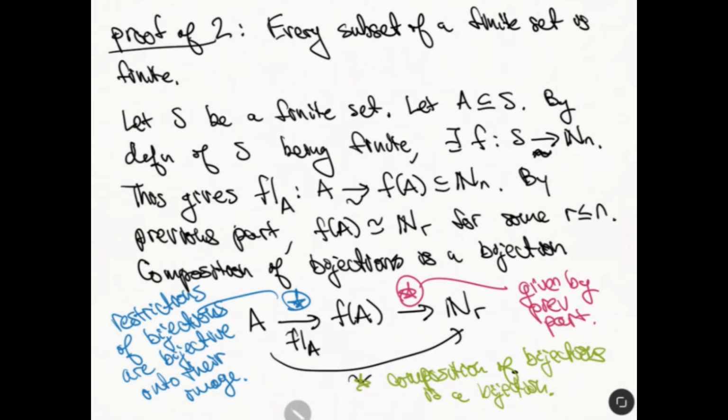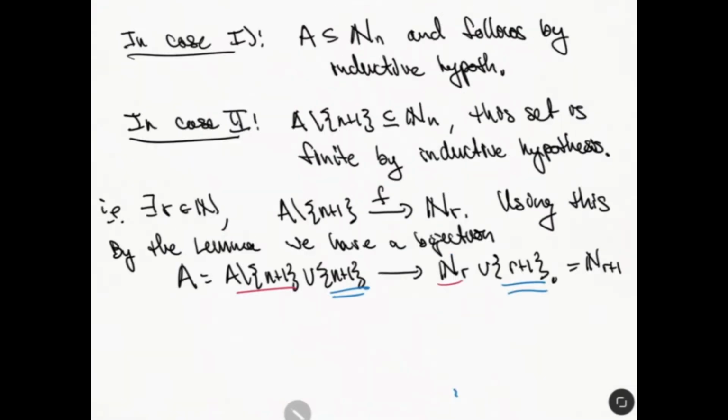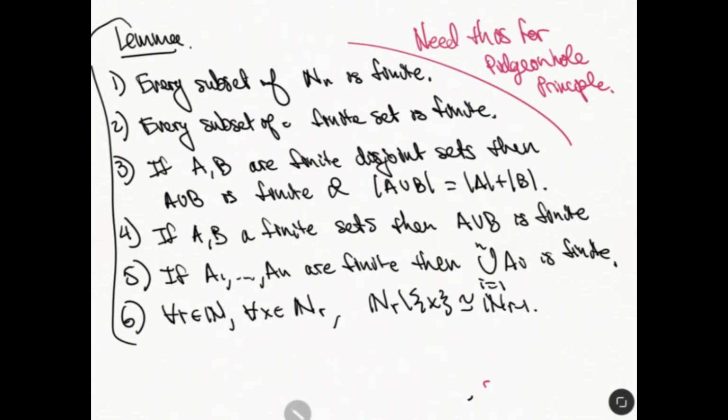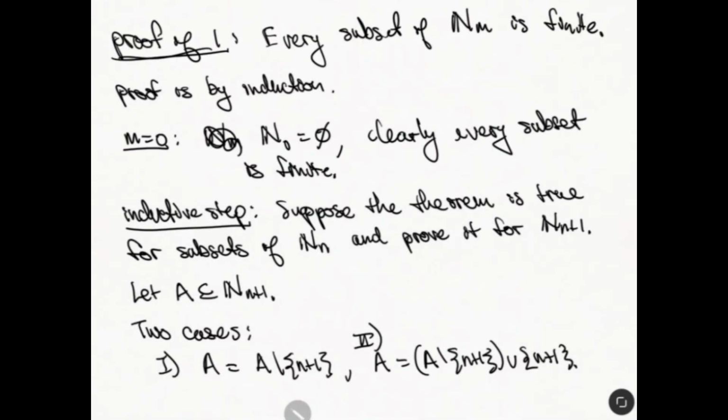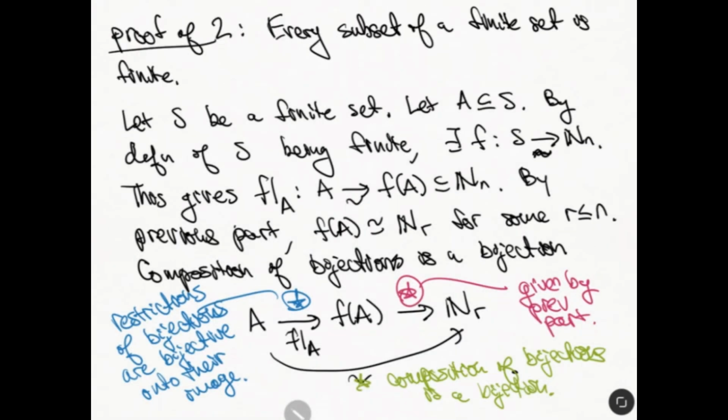Okay, now I'm going to continue. We did 1, we did 2, now we're doing 3. If A and B are finite disjoint sets, and the union of A and B is finite, then we have these two things. Okay, so let's do the proof of this last one, the proof of 3.